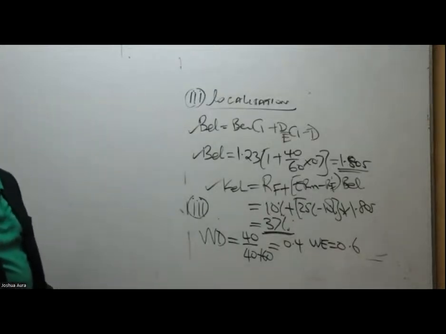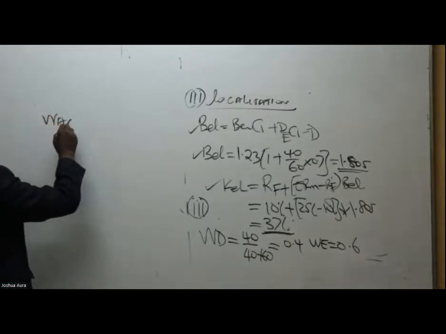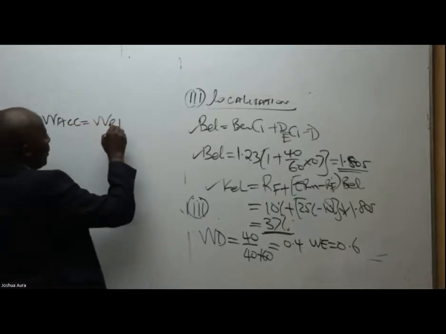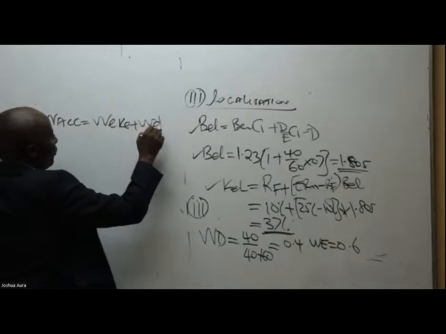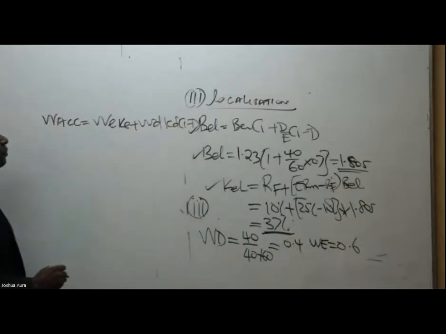All right. So after that, please go ahead and give us WACC. So WACC will be weight of equity times cost of equity plus weight of debt times cost of debt into 1 minus taxation.